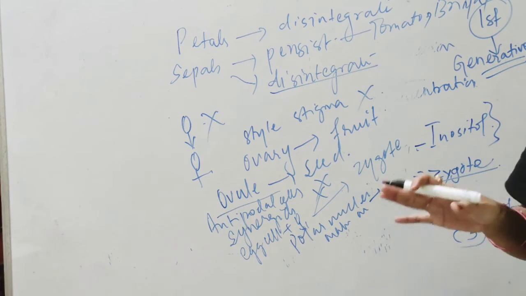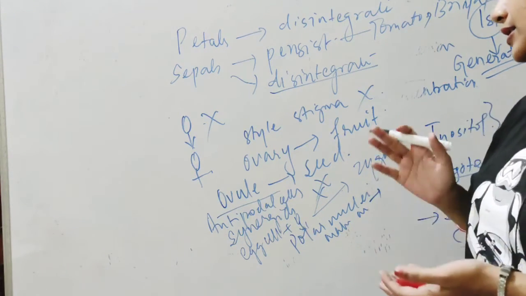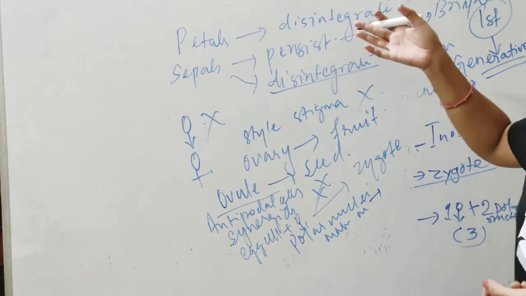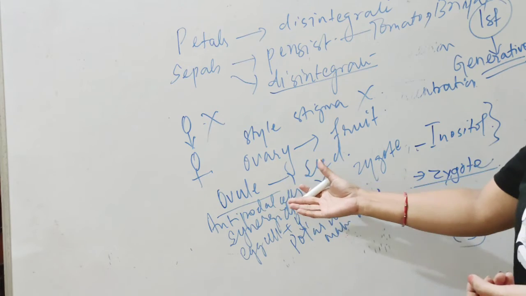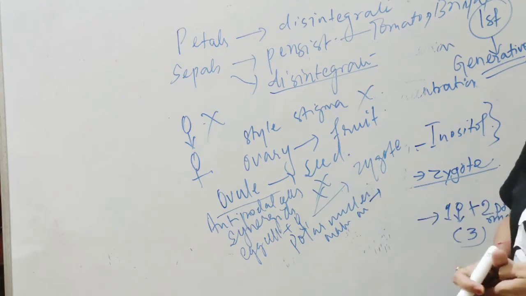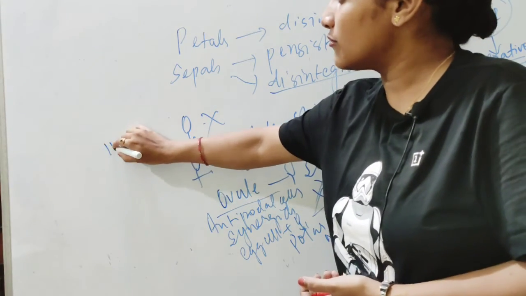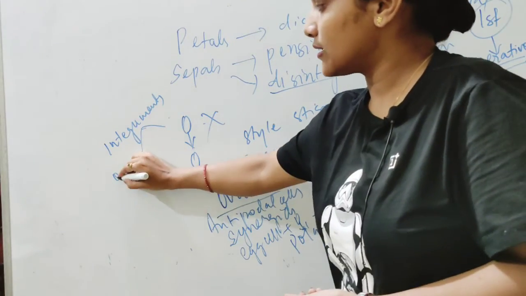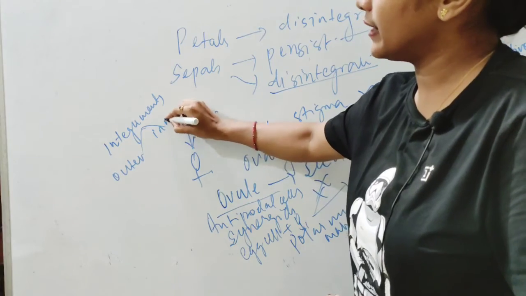So I hope this thing is pretty clear. The post fertilization changes, generally they ask you what happens to the integuments. The integuments formed a very important barrier for the ovule, for the protection of the ovule. Integuments, as I said, are of two types. One is the outer integument and one is the inner integument.